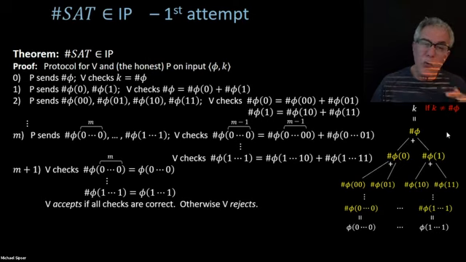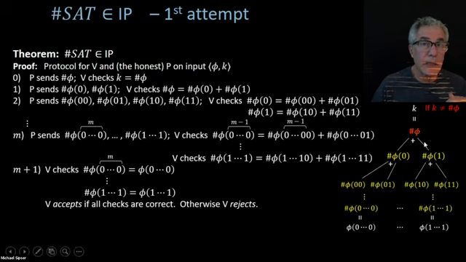So I'm trying to see, could the prover make the verifier accept? The prover has to lie here, and I'm going to indicate that by saying the prover is sending in the wrong value for the total count.